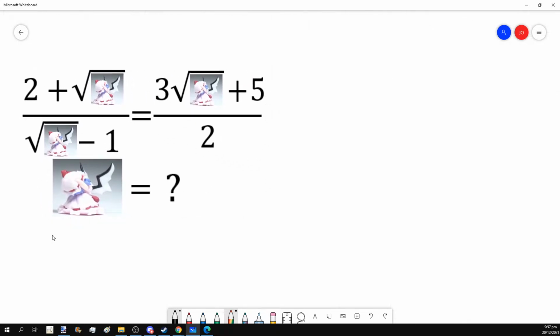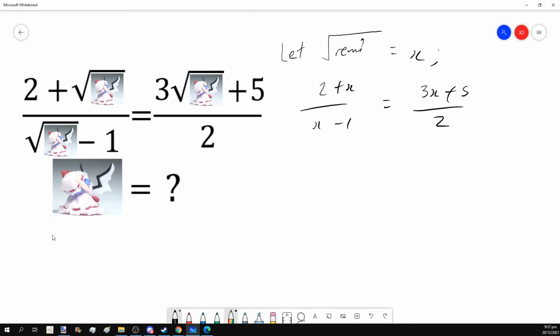For example, if I give you a math problem like this, 2 plus square root Remilia over square root Remilia minus 1 equals 3 root Remi plus 5 over 2, what is the value of Remi? We will have to use some strategies that we have picked up over the course of the year and last year. So for example, I can let the root of Remilia be equal to x, and this will create 2 plus x over x minus 1 equals 3x plus 5 over 2.